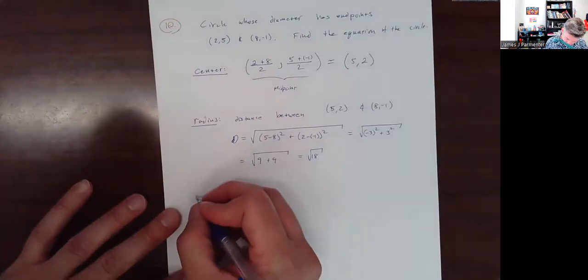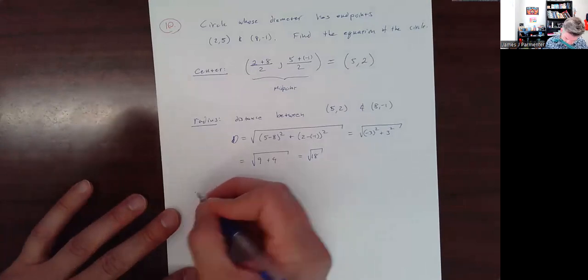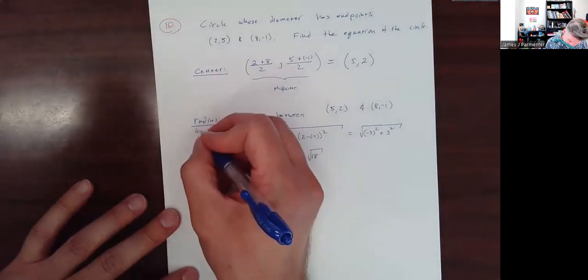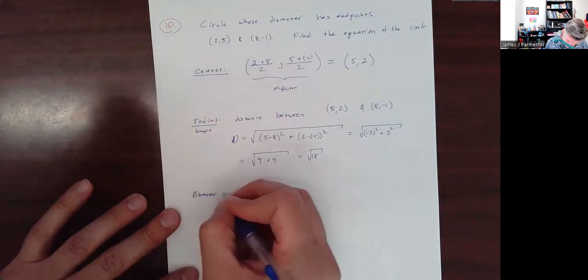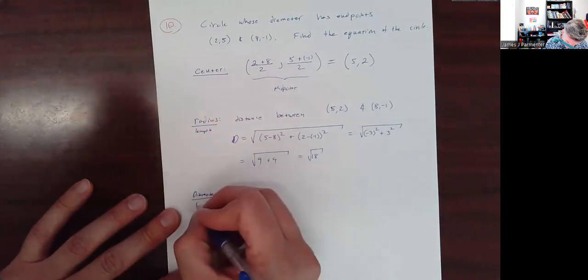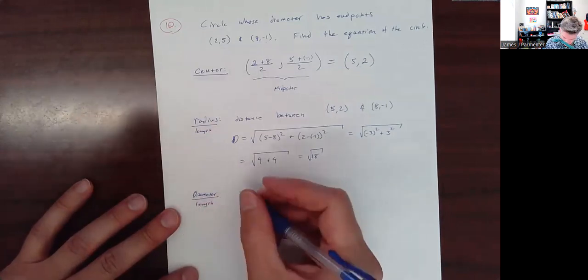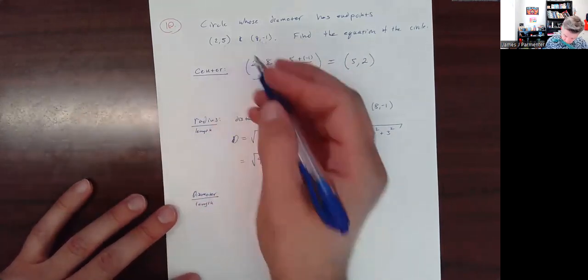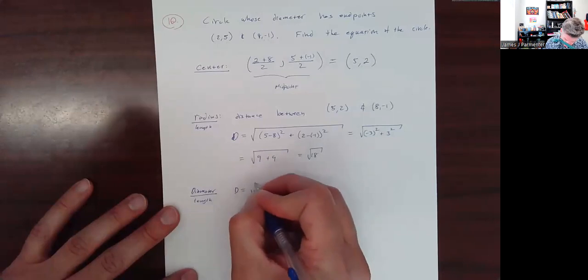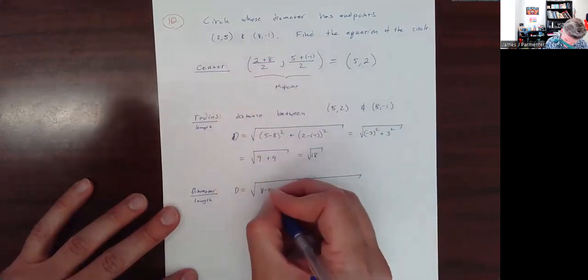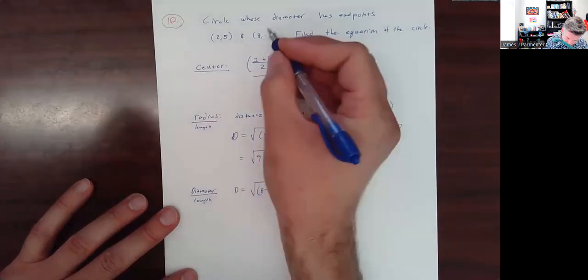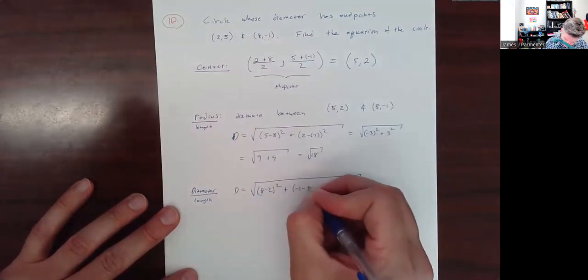Or the other option is to find the length of the diameter. So this is the radius length. Diameter length would be the distance between these 2 points. So square root of, let's do 8 minus 2 squared plus -1 minus 5 squared.